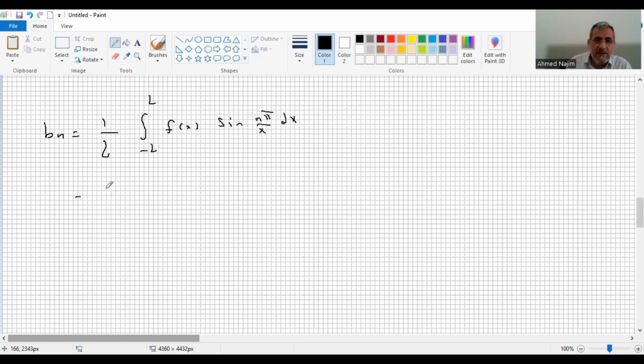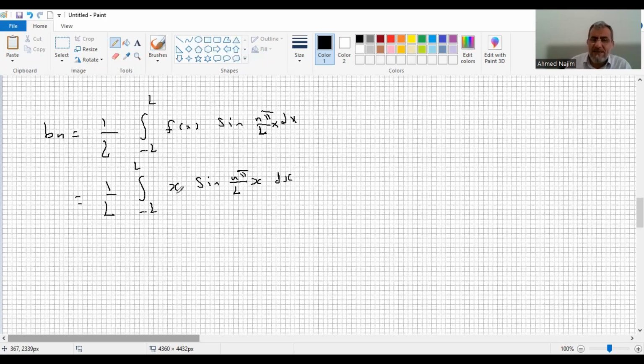Now, 1 over L, integral from negative L to L, f of x is x, times sine(nπ/L x) dx.